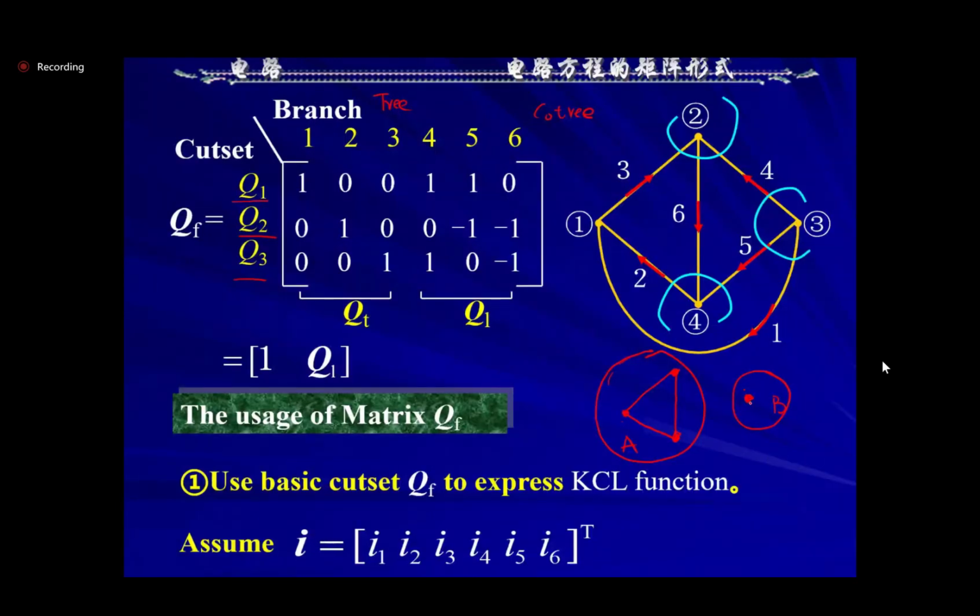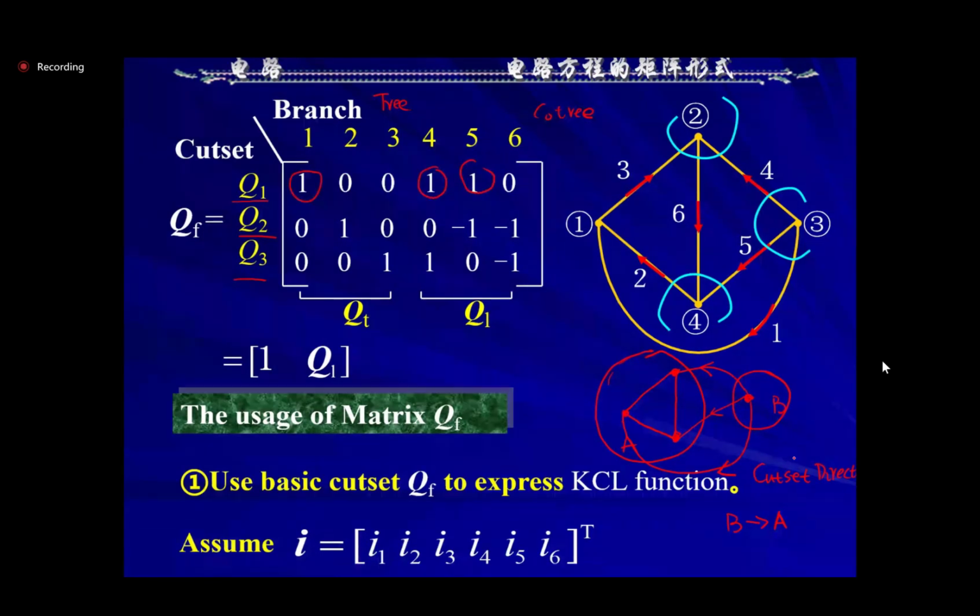The tree direction is from B to A, and the 4 direction is also from B to A. So the cutset direction is B to A, and 4, 5, 1 are also B to A. So 1, 4, 5 are all positive.